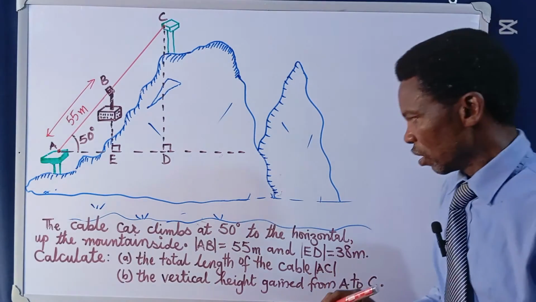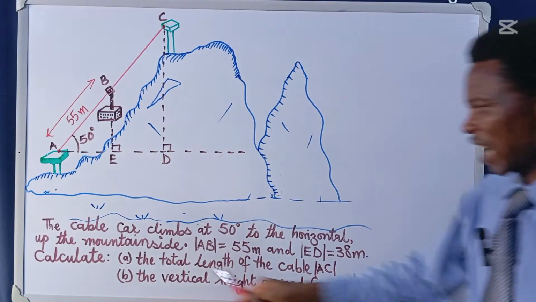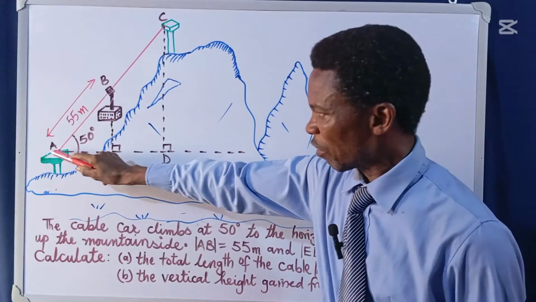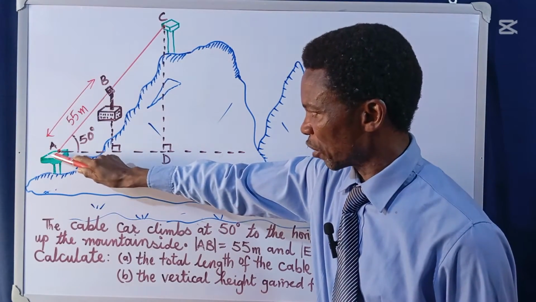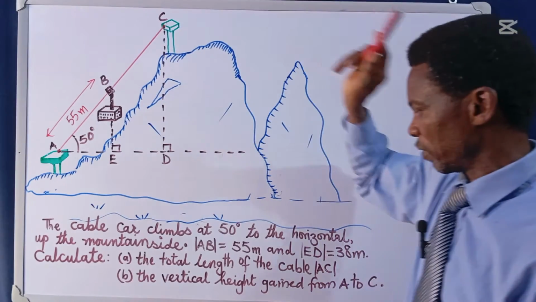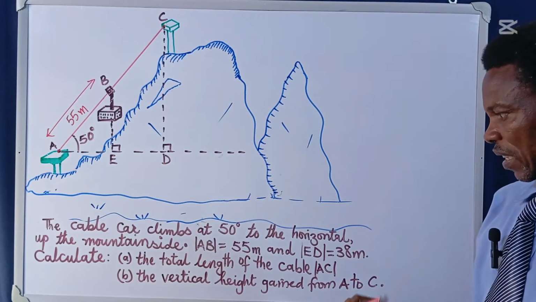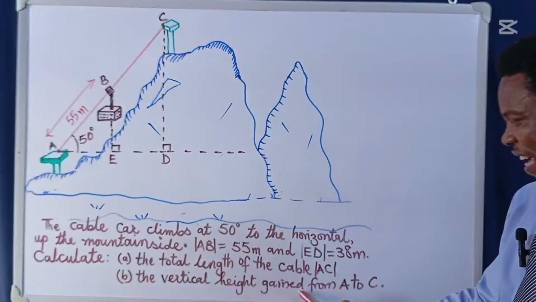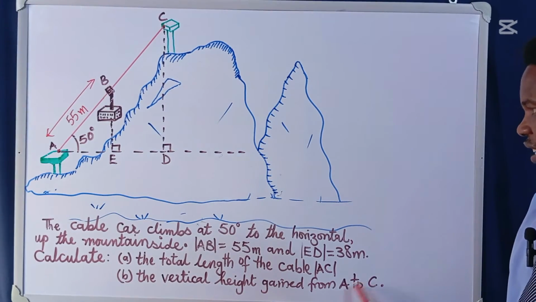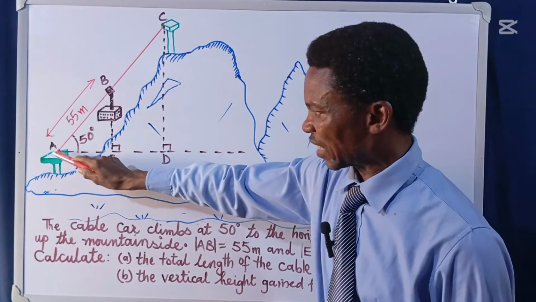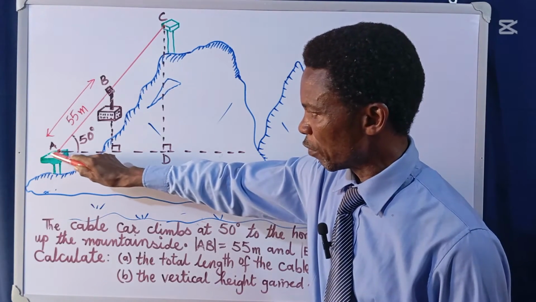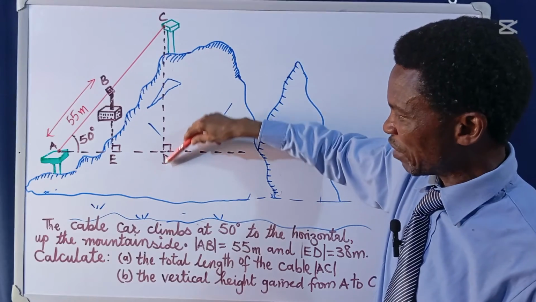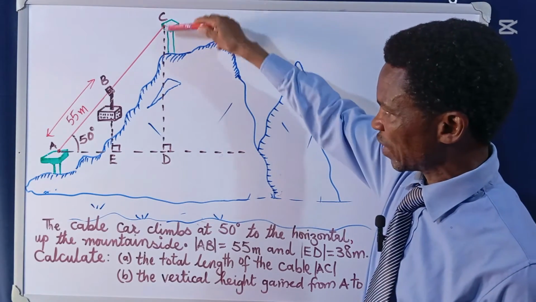So let's look at the questions. Calculate the total length of the cable car AC. What is the total length of the cable car from the bottom of the mountain to the top of the mountain? That is one. Secondly, calculate the vertical height gain from A to C. If the cable car travels from the base of the mountain to the top of the mountain, what will be the vertical height gain? What is the perpendicular height?